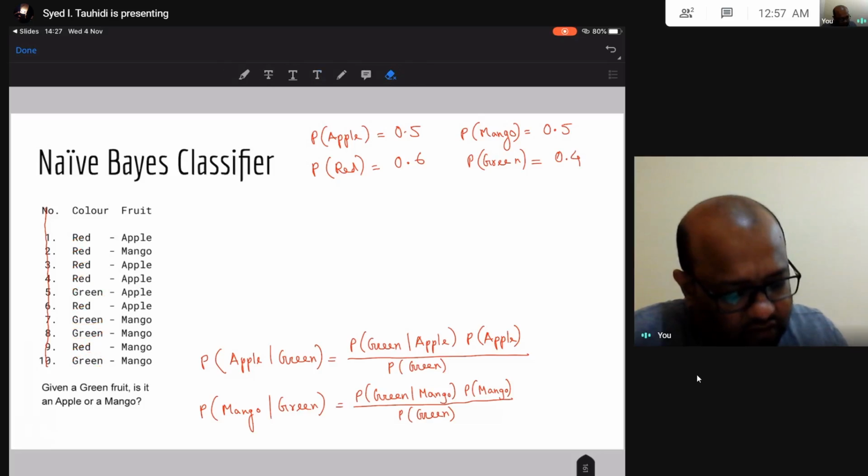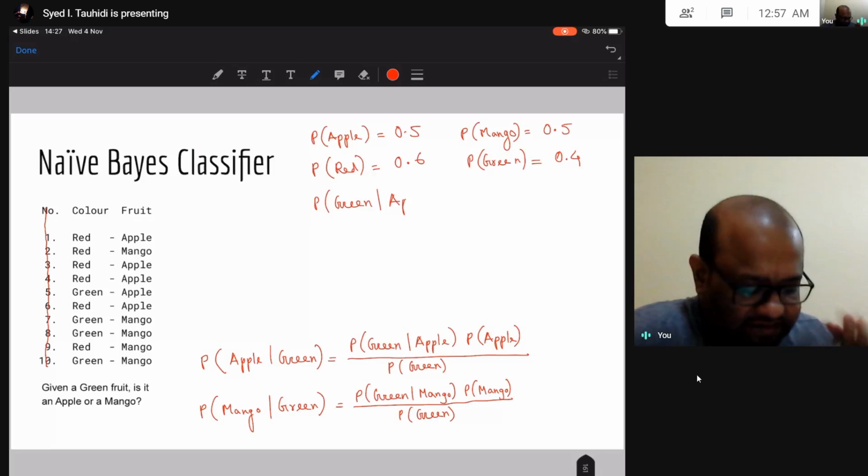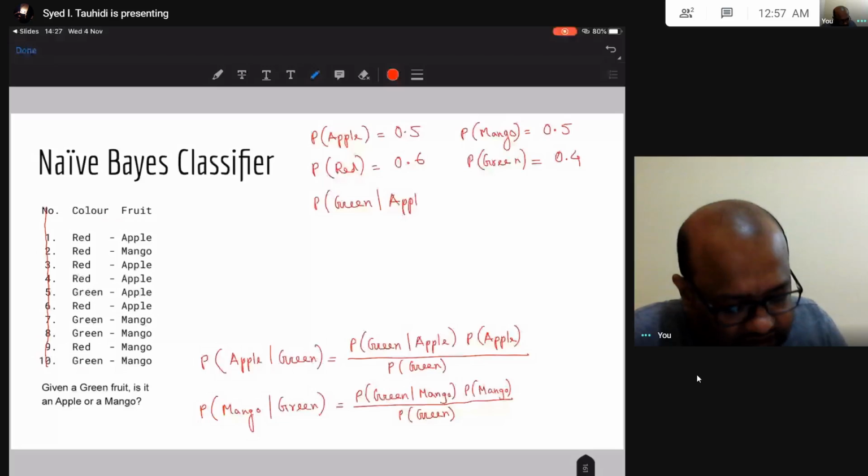Now, what is the next thing that I have to find? I have to find the probability of green given apple. So let us find out how many apples there are. These are all apples.